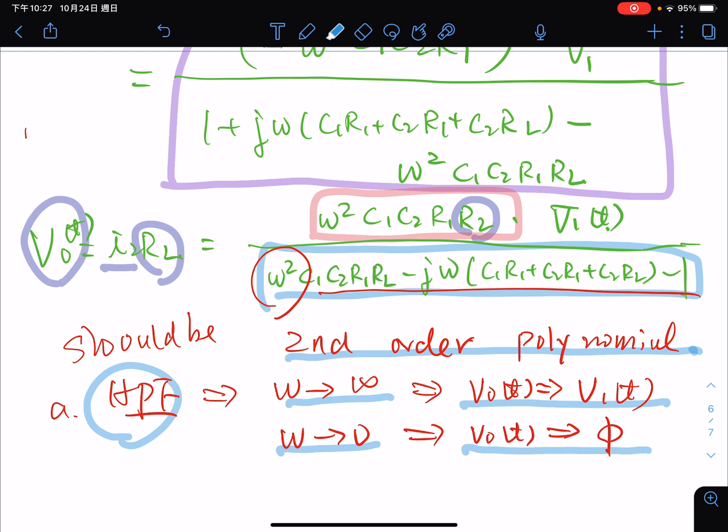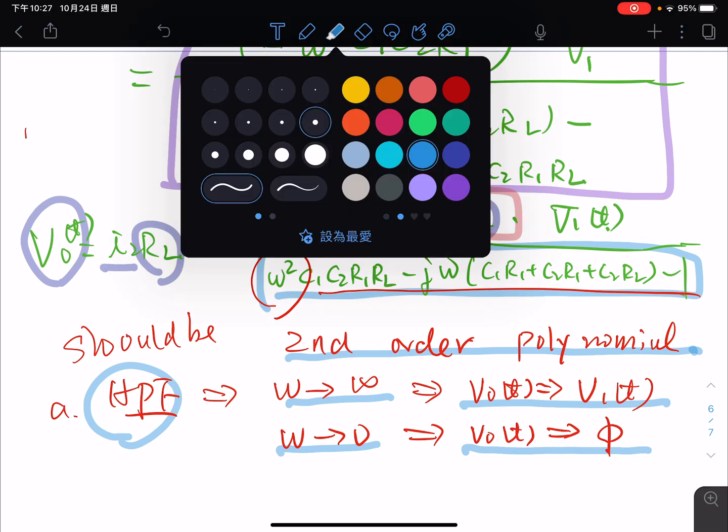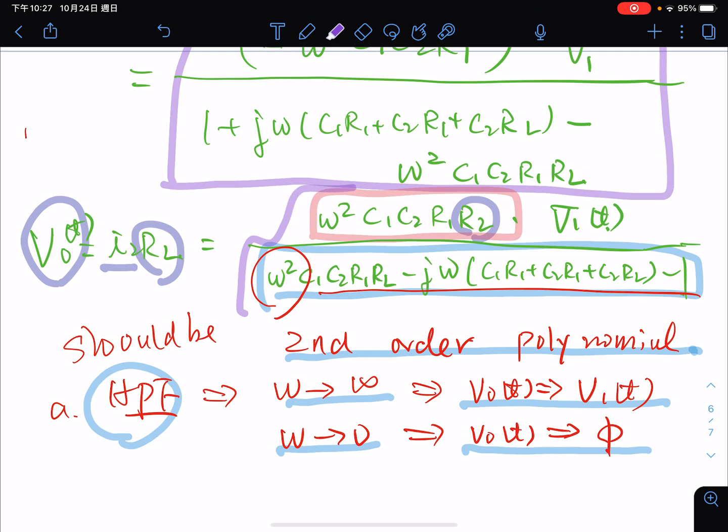I just show you how to calculate the so-called transfer function of this one. So we usually call this one our transfer function. This bunch is our transfer function involving omega and all the values of the components.